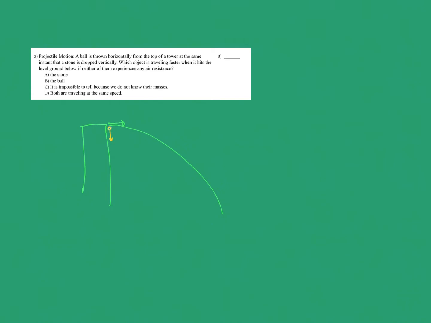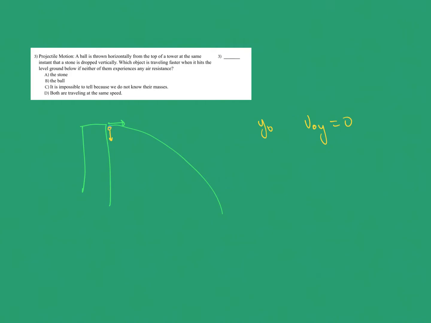This one has no initial velocity going downwards, and the other one also doesn't have any initial velocity going downwards. So the two of them are launched with the same initial condition for y: the same y0, and the same v0y, which is 0.